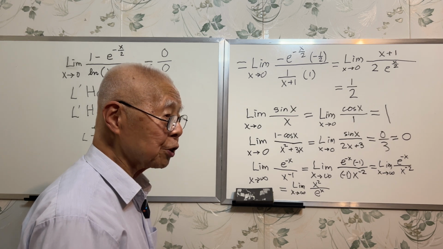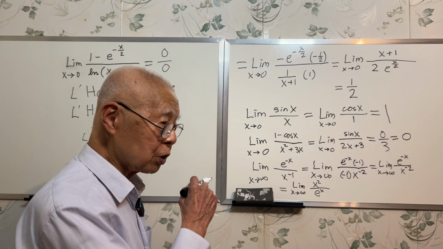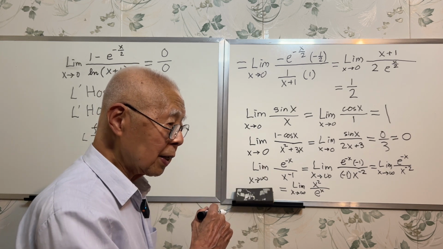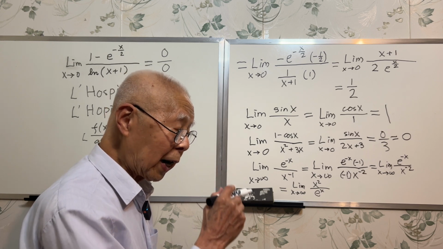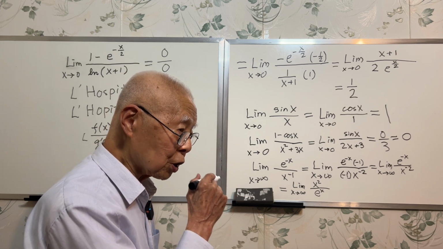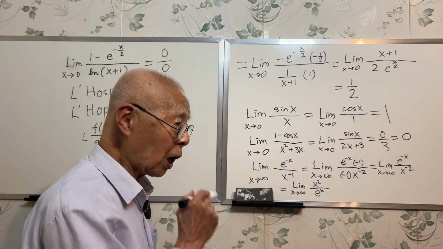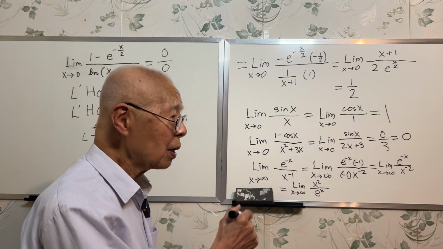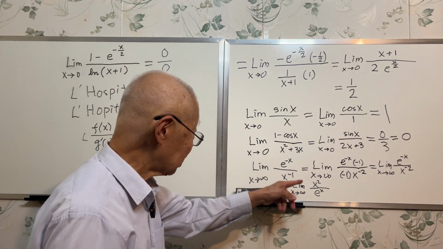L'Hopital's rule applies to 0 over 0. When you have 0 over 0, you do the derivative of the numerator, the same thing, do the derivative of the denominator, and after that, you do the same limit until you get an answer. But this L'Hopital rule also applies when you have infinity over infinity. And this is exactly our case.